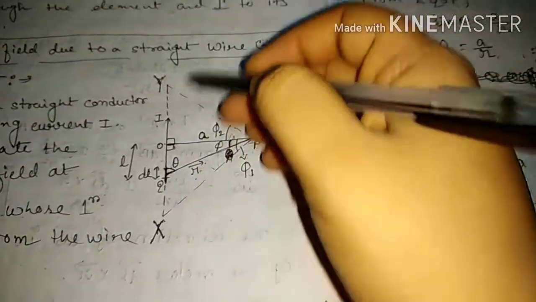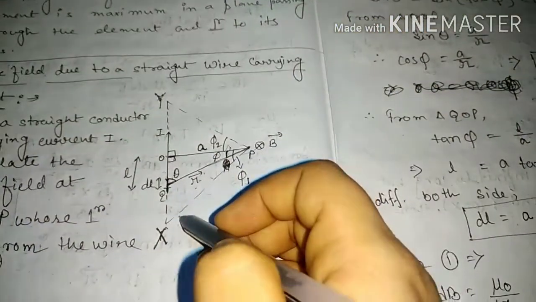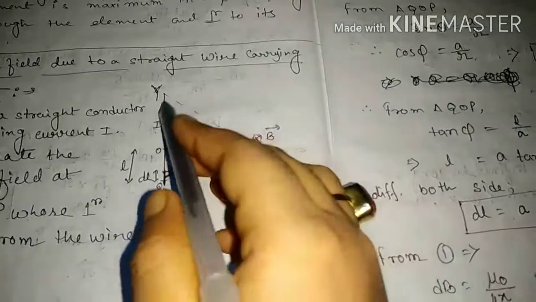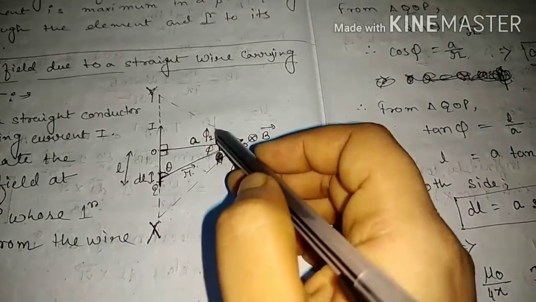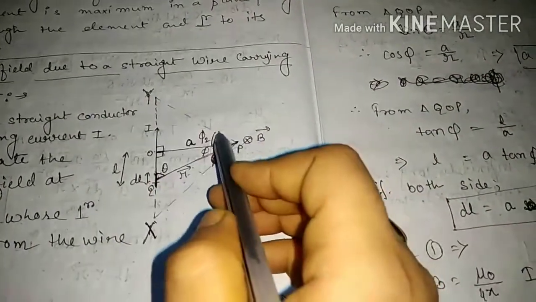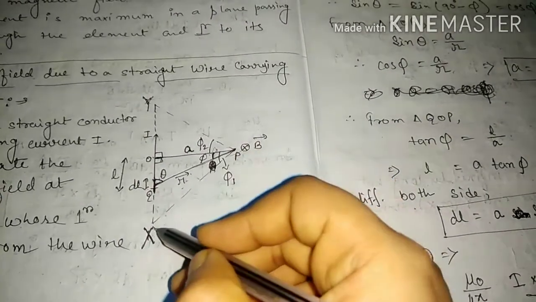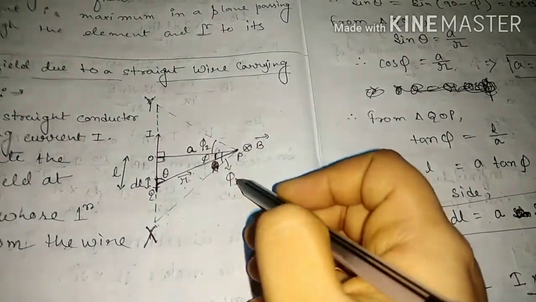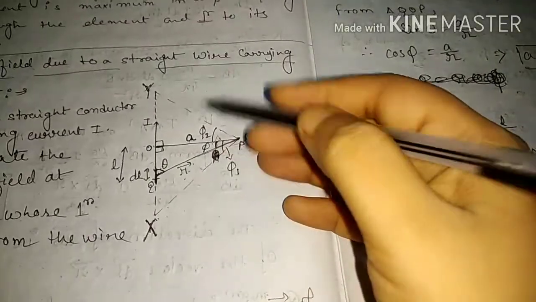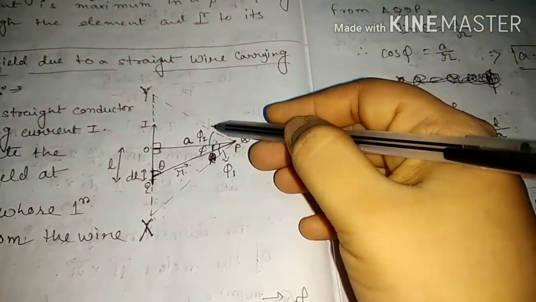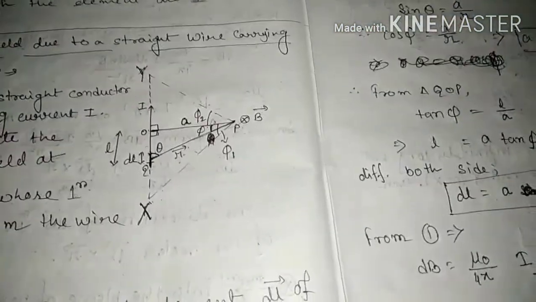Now if we find out for the whole conducting wire, I will draw a dotted line, and from this end it will make an angle phi 2, and from X it will make the angle phi 1. So we can say that it will move from phi 1 to phi 2, and as phi 1 is in the opposite direction, we consider phi 1 as negative.